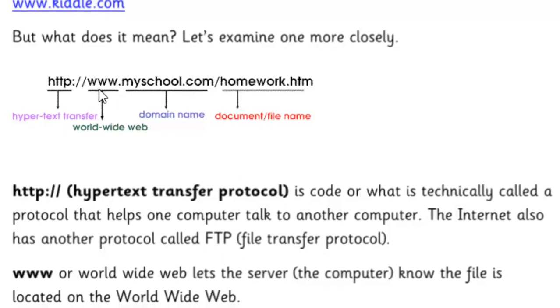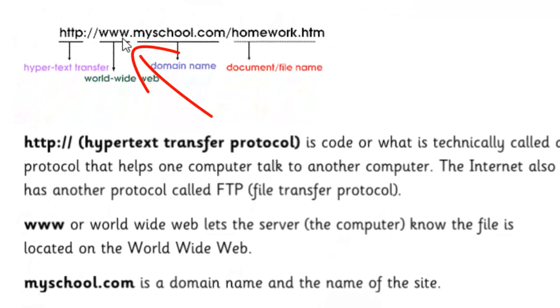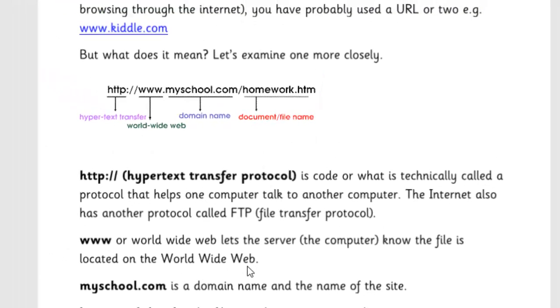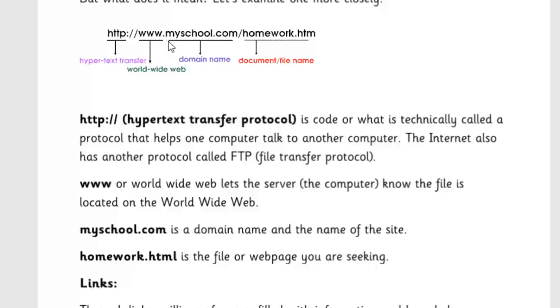After that, we have www, or World Wide Web, which lets the server or the computer know the file is located on the World Wide Web, which is basically the internet, but the web pages part of it. The third portion of the URL is myschool.com, or kiddle.com, and so on.